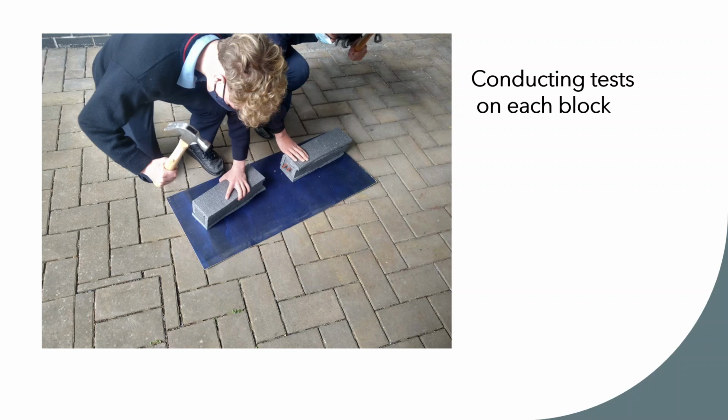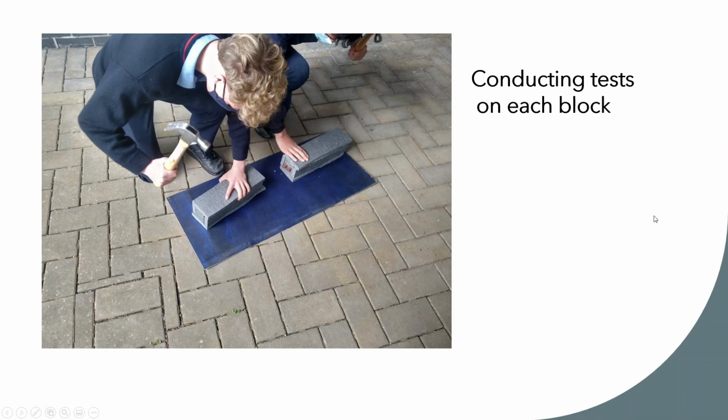And they can say, well, I've conducted my experiment here. One of the concrete formers has broken under the stress or the tension, and then the other one, the one that is reinforced, is obviously much more resilient or resistant. And this is a way of students presenting that information through active engagement and active experimentation.